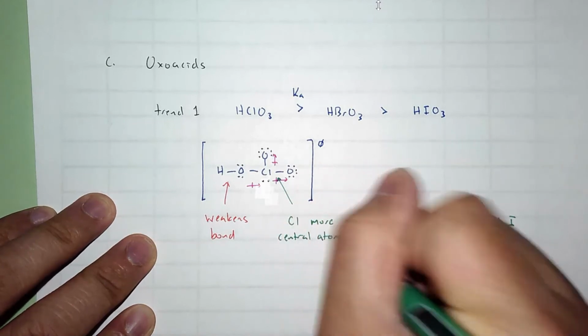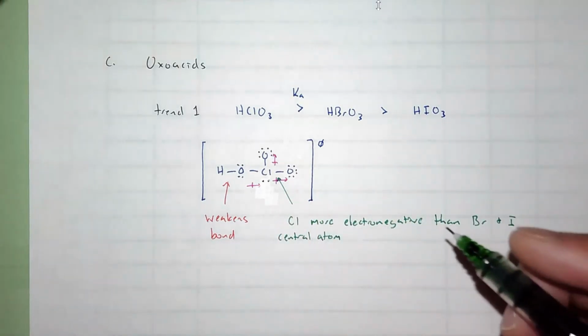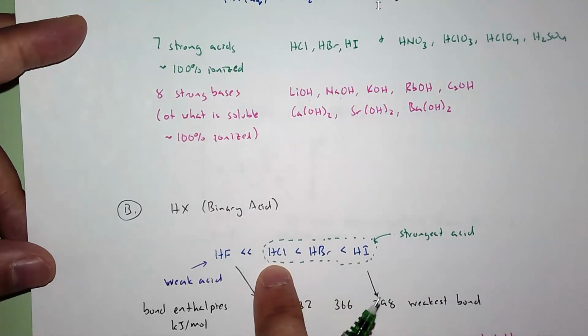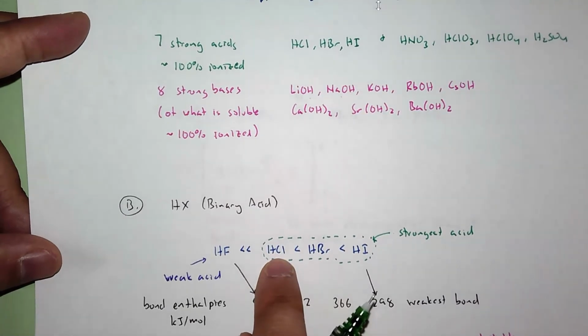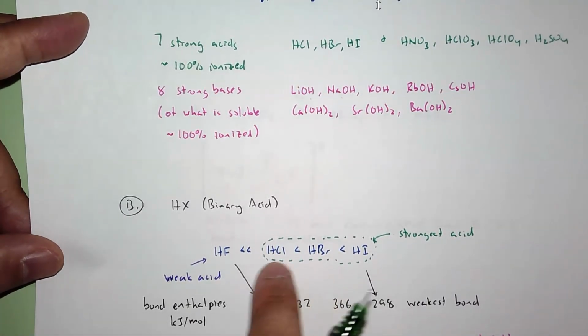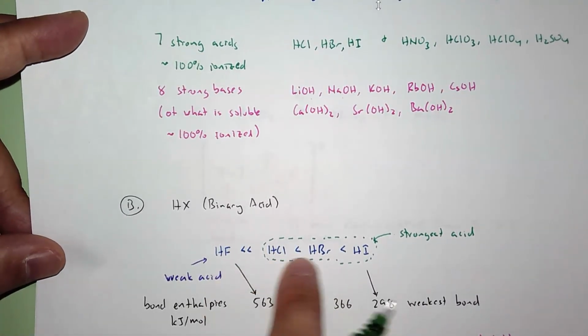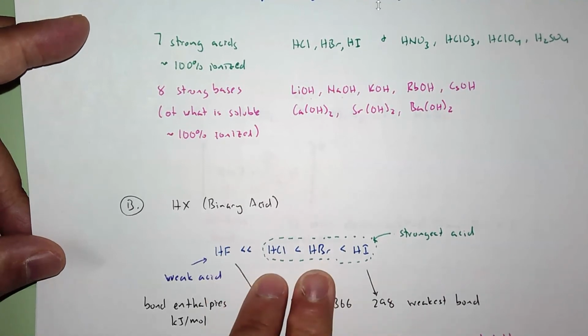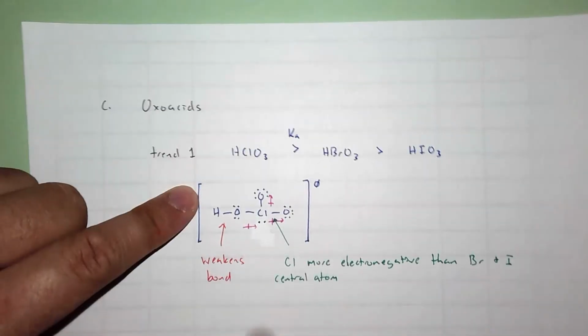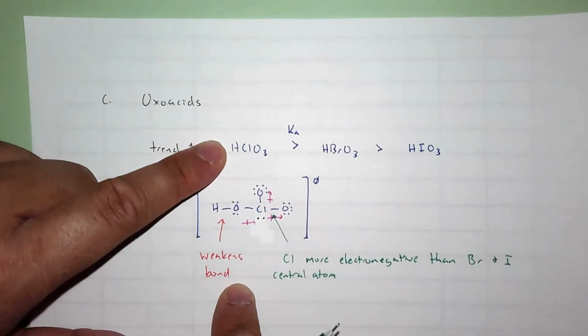It's a little bit tricky because it's a different trend than what we saw with the binary acids, right? HCl is more acidic than HF, but it's less acidic than HBr and HI. So take a look at those two. HCl is less acidic, but in this case, not HCl, but HClO3 is more acidic.